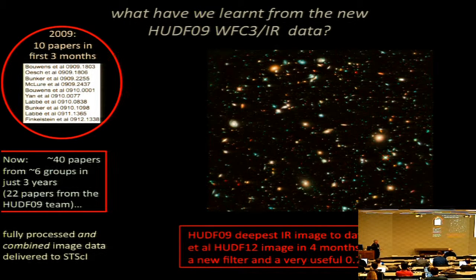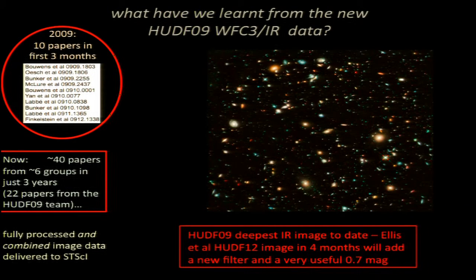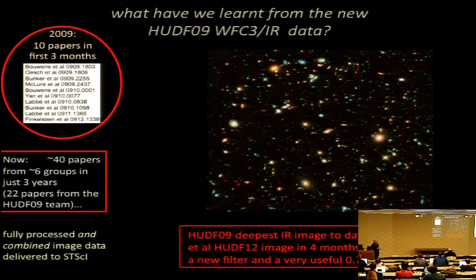And the advantage of having the public data set, I think, was immediately obvious to a lot of people, just with the number of papers that came out in the first 3 months. 10 papers on results from this field. And the competition spurred a lot of activity, but it also enabled a lot of cross-comparison and ensuring that the data sets, the results had veracity, quality, etc.